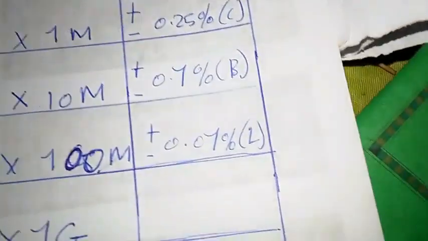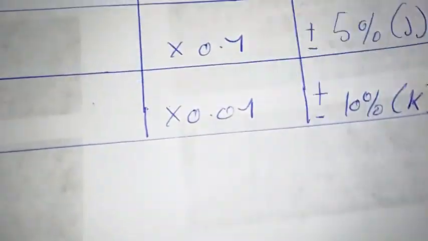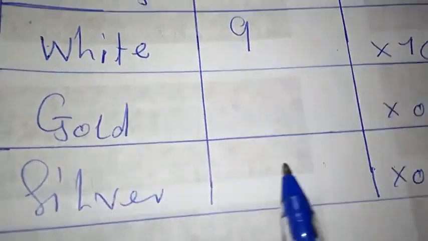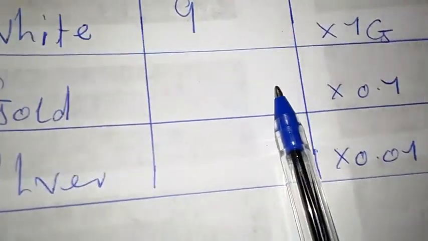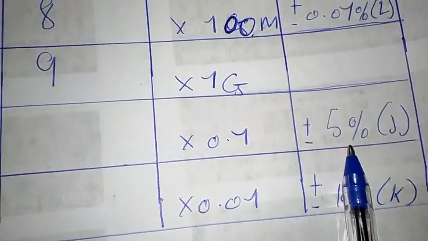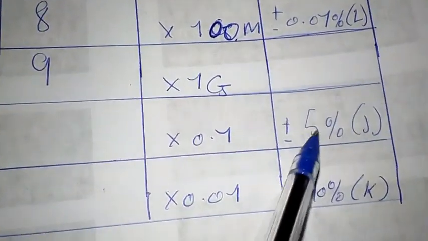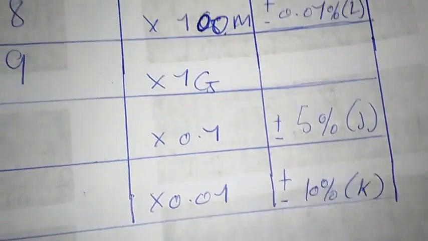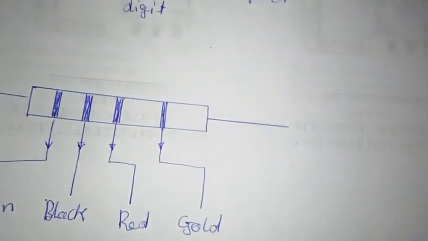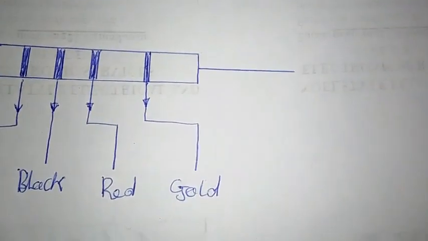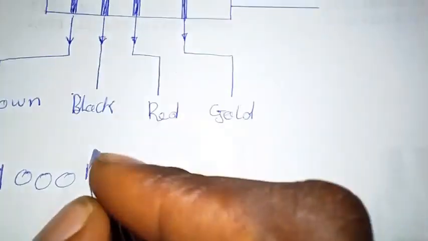You run through the column. Yes, the tolerance for gold here is plus or minus 5. Then you just copy it out: plus or minus 5%, it is in percentage.